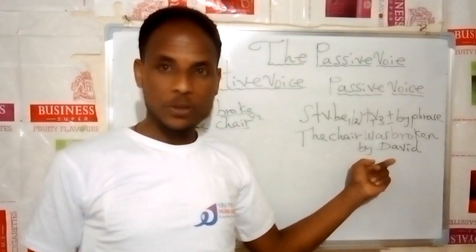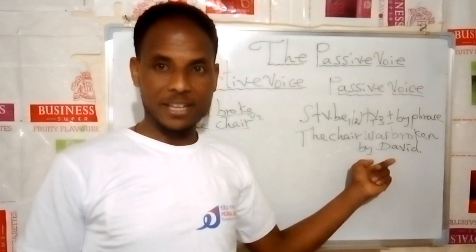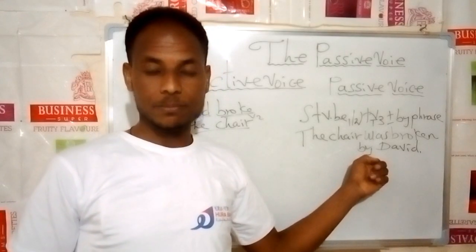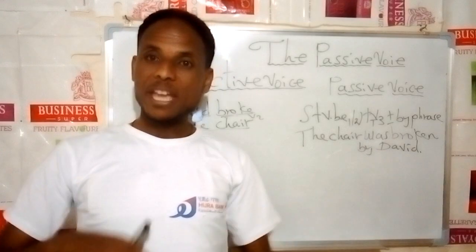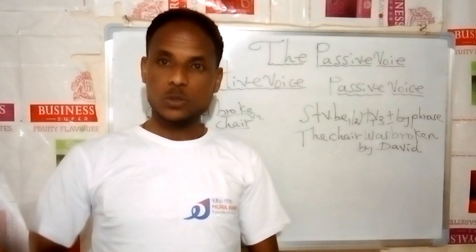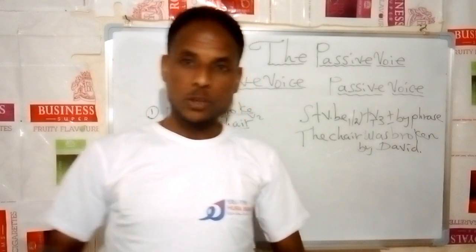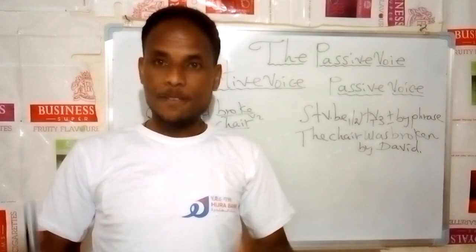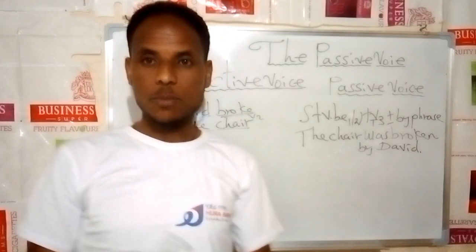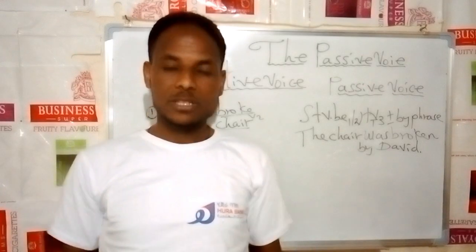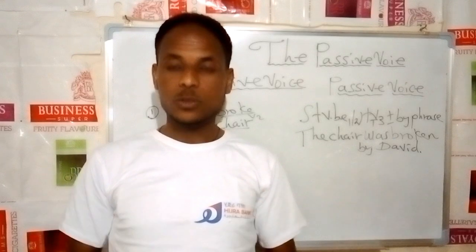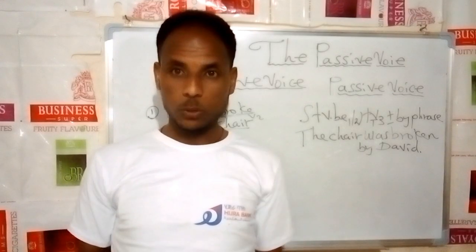If it is not important or interesting to identify, you're going to simply leave out the by phrase. We may leave out, in some cases, the doer of the action in the active voice if we are not interested in the doer of the action, or if the doer of the action is someone or somebody, we're going to leave out that by phrase, because those nouns are indefinite pronouns.